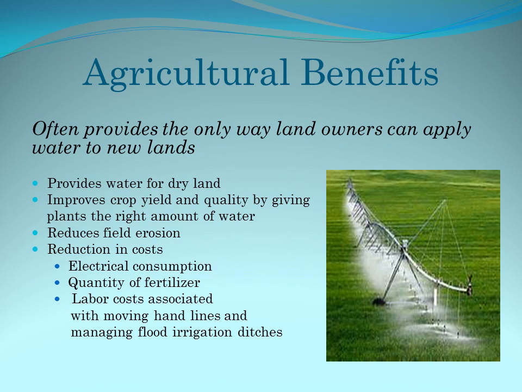In areas of limited water availability, this program often provides the only way landowners can apply water to new lands. It provides water for dry land, improves crop yield and quality by giving the plants the right amount of water, reduces field erosion, cuts down on costs by reducing electrical consumption, quantity of fertilizer, and labor costs associated with moving hand lines and managing flood irrigation ditches.